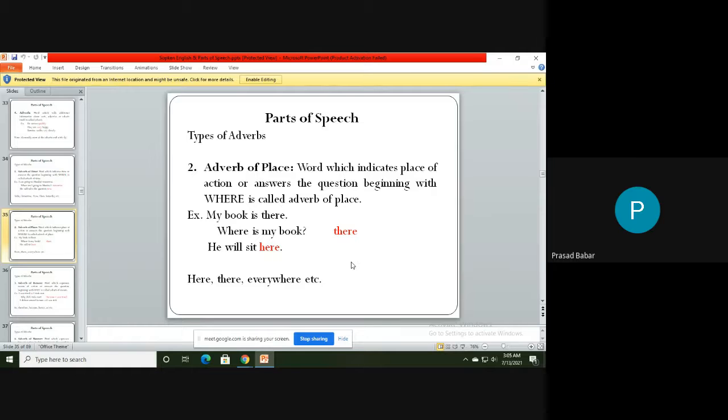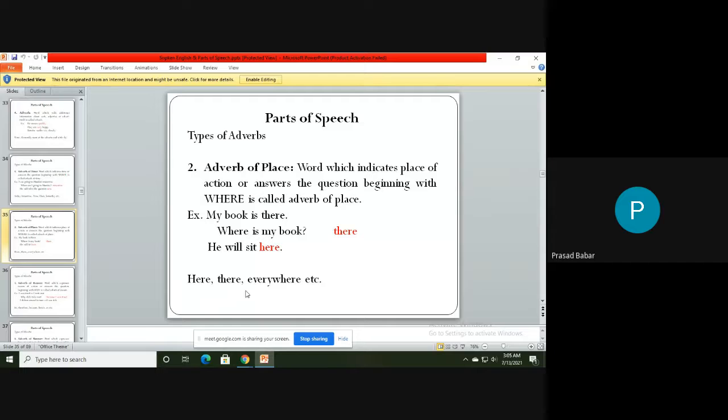In the next example, he will sit here. If we ask where will he sit, it will give the answer here, and that is why here is the adverb of place.